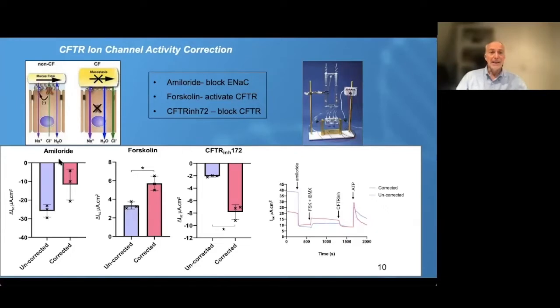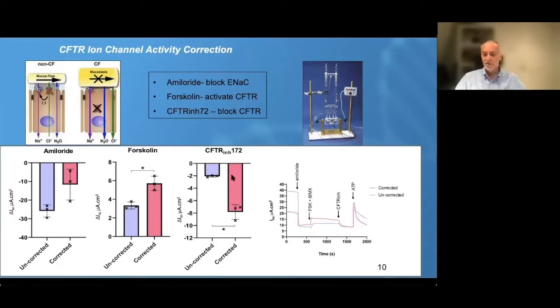First of all, we add amiloride, which blocks the sodium channel within the epithelial cells. And you can see the current is decreased, and that allows us then to look at the increase in activity of CFTR by addition of forskolin, which activates CFTR, although not entirely in a specific way, but nevertheless we see an increase in short circuit current by addition of forskolin.